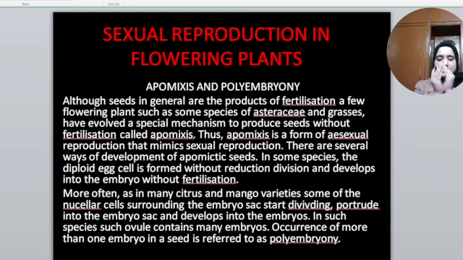Say for example, this is my embryo sac, and outside we have nucleus cells. They start rapid division, and suddenly they start protruding inside the embryo sac. Since they get into the embryo sac, they get converted into embryos. In those ovules, we can say that it contains many embryos, right?